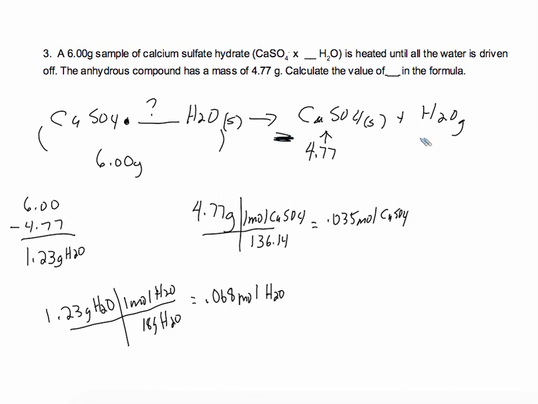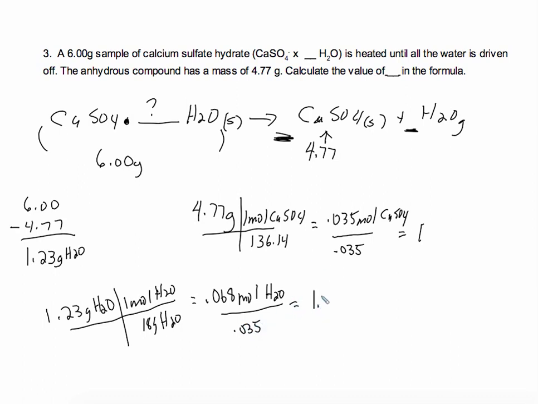Now, this ratio right here will be your mole ratio, but we can't put in decimals like this. So you have to simplify it to a whole number. To do that, you take the smaller number and divide it by itself, and that equals 1. And then you take the bigger number and you divide it by the smaller number.